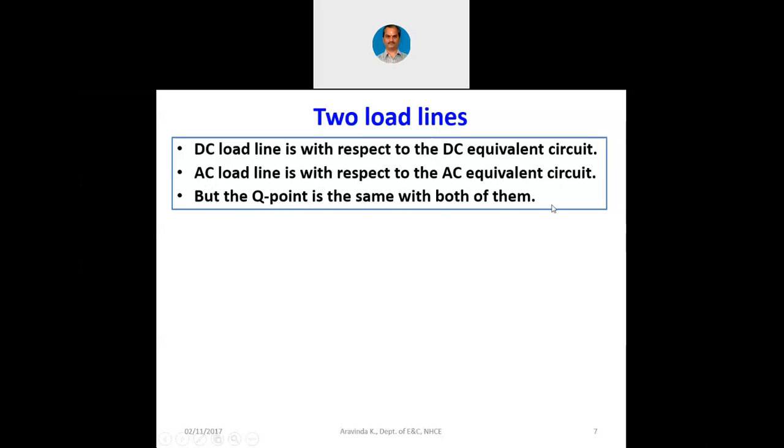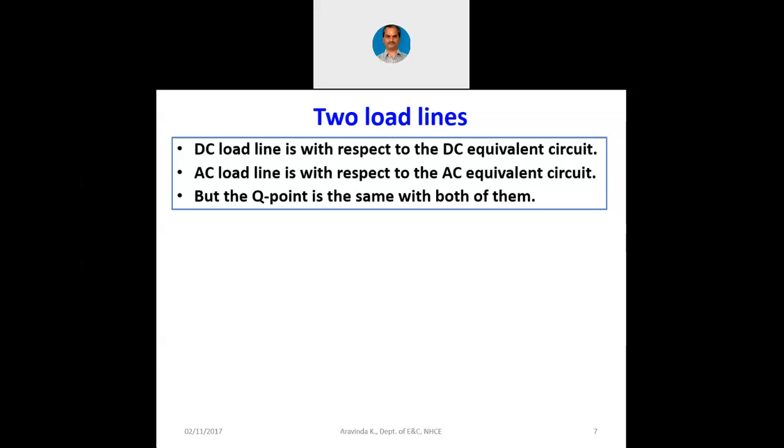You have already seen how to plot a DC load line, right? When the transistor is completely in the cutoff region, the point is identified on the x-axis, corresponding to VCC. When the transistor is completely on, the point is identified on the y-axis, that is VCC divided by RC, that is IC sat, the saturation current of the transistor.